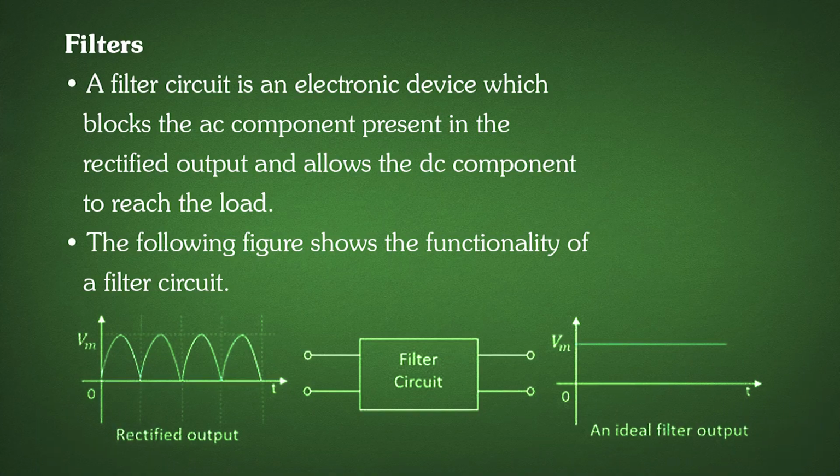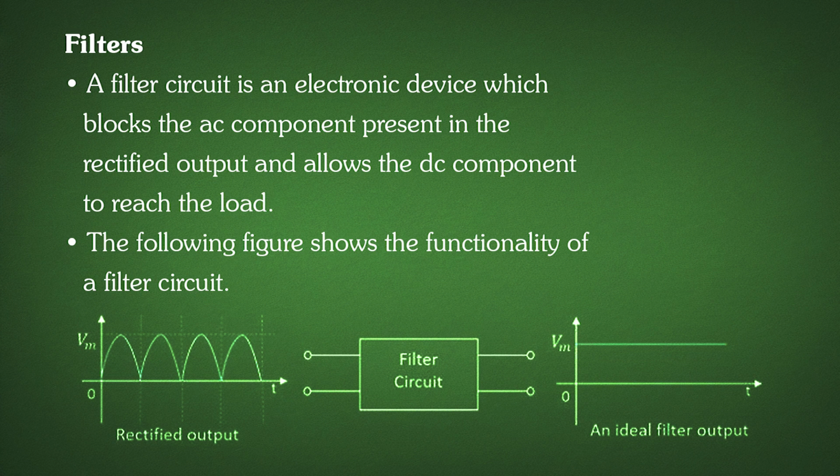Now, what are filter circuits? A filter circuit is an electronic device which blocks the AC component present in the rectified output and allows the DC component to reach the load. As we have seen in the output of different types of rectifiers, the output DC contains some part of AC that was called ripple.